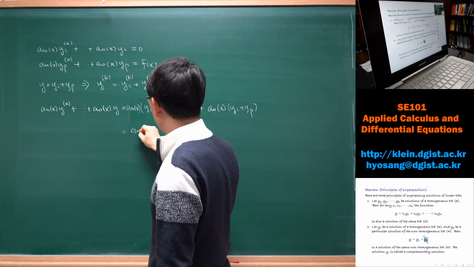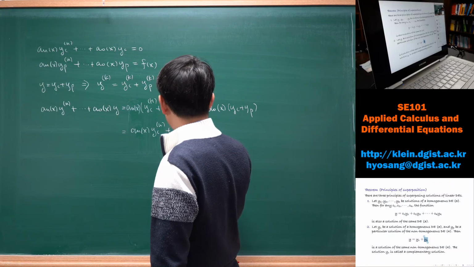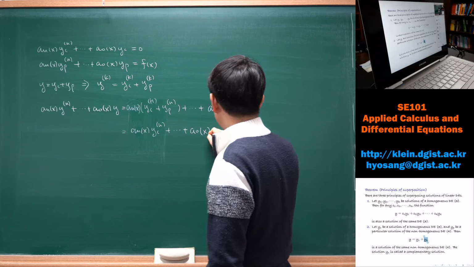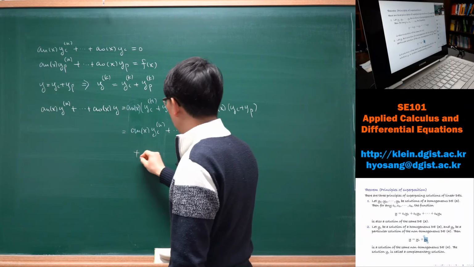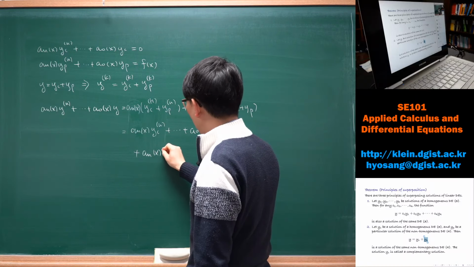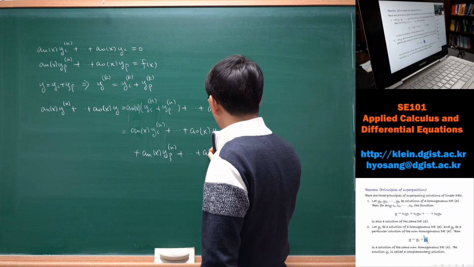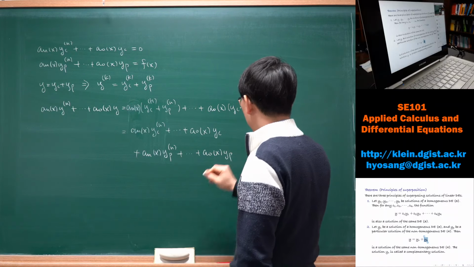It becomes a_n x y_c, a_0 x y_c, and then let's combine all the y_p terms. We have y_p^(n) plus a_0 y_p.